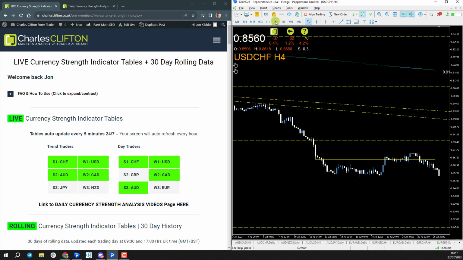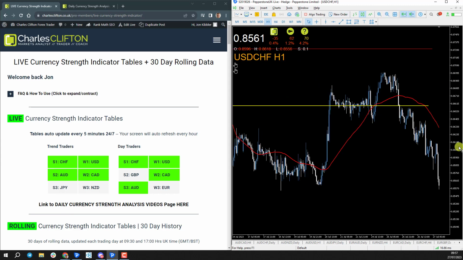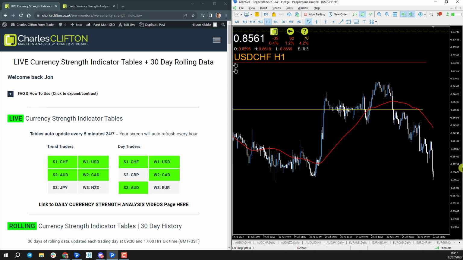Now, if you're not in this position, if we go to our hourly time frame and just zoom out slightly, I'm just going to move this over a tad. You're going to be asking yourself the question, how do I get involved with this market? Now, the only thing I'd say is you are approaching support. So usually at support, we get some kind of reaction. So if price was to pull back, then you could be looking in and around this area here, which is the 86.13 handle.